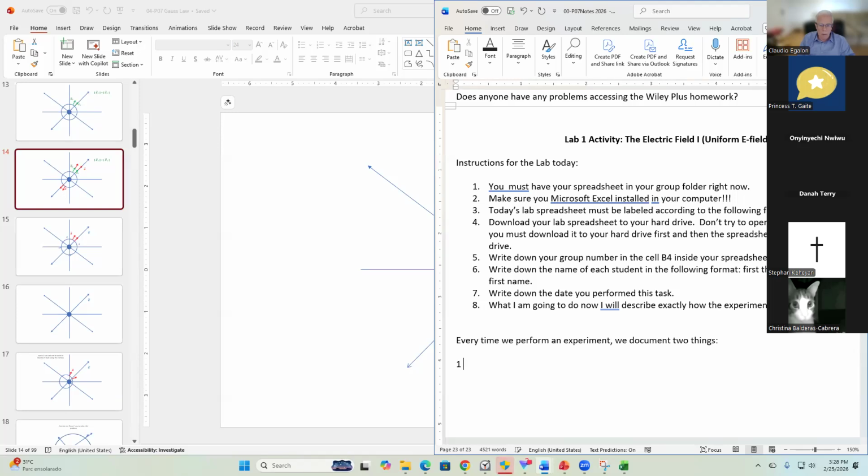One, the experimental procedure, and two, the materials slash equipment used. That's what we do. And all of that is very well documented in my labs.